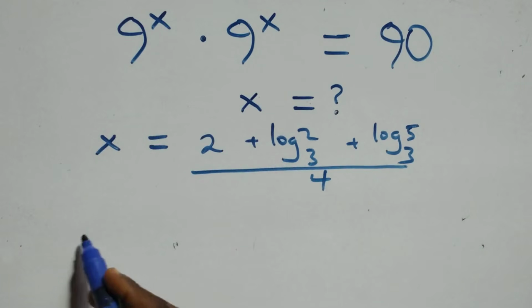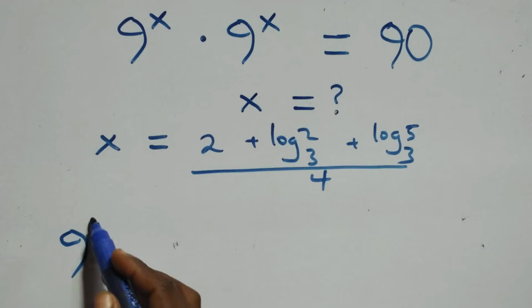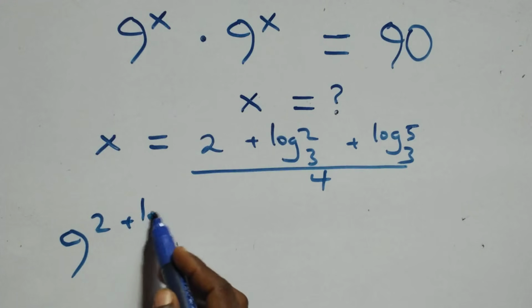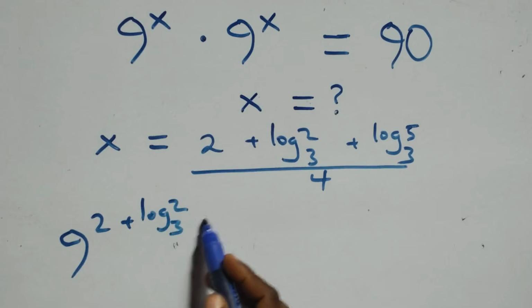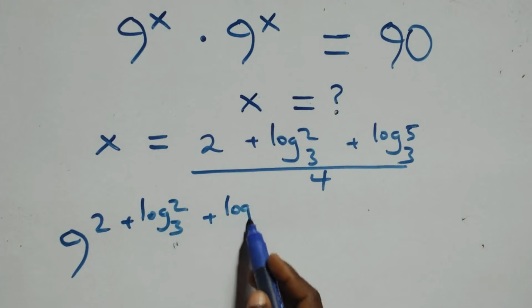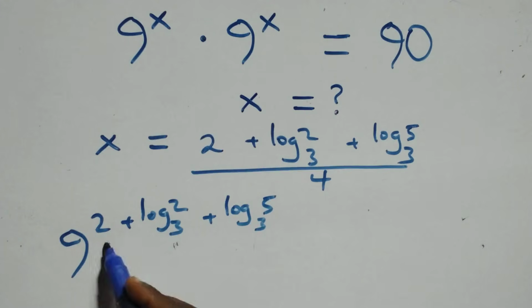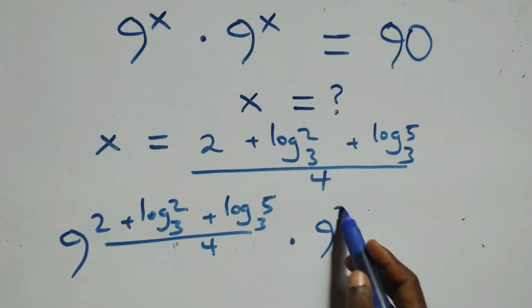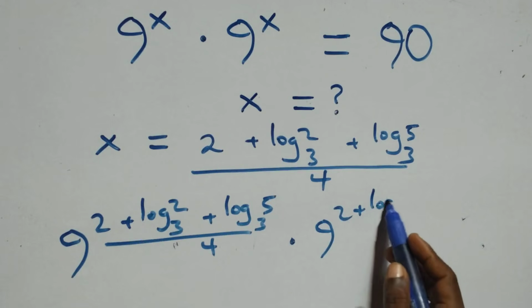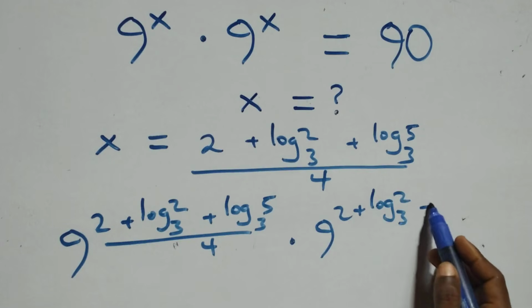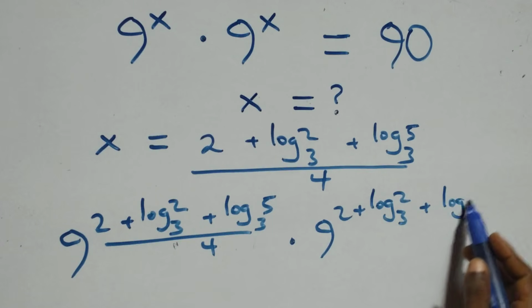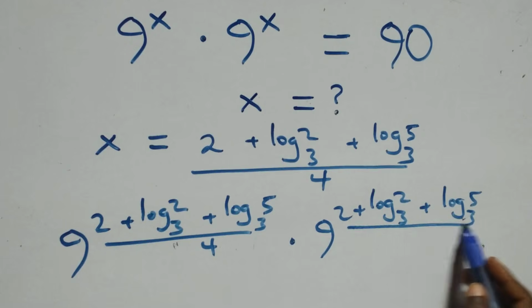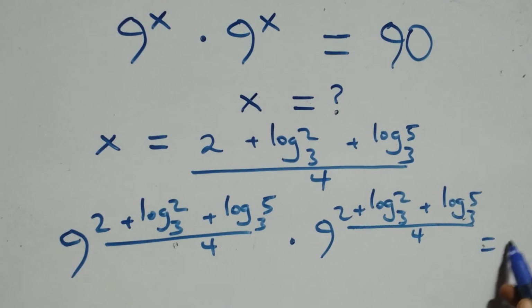That is, what we have here becomes 9 raised to power 2 plus log 2 base 3 plus log 5 base 3 all over 4, times also 9 raised to power 2 plus log 2 base 3 plus log 5 base 3 all over 4. Is it equal to 90 on this side?